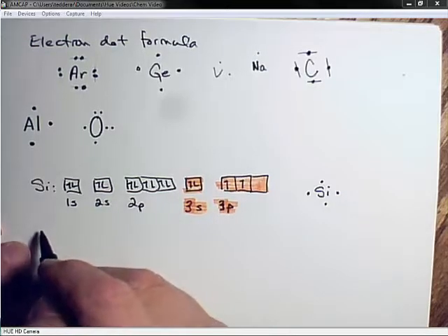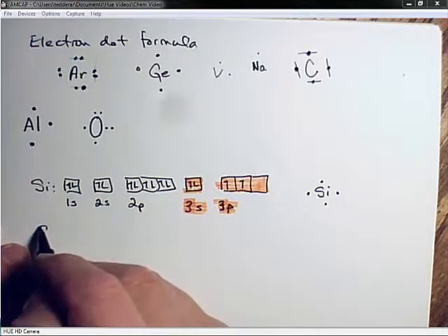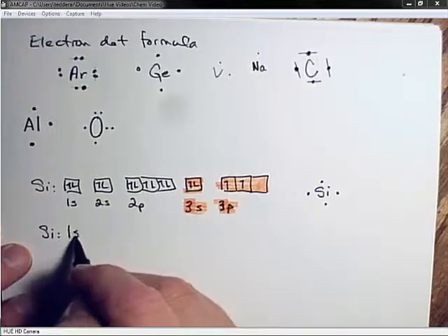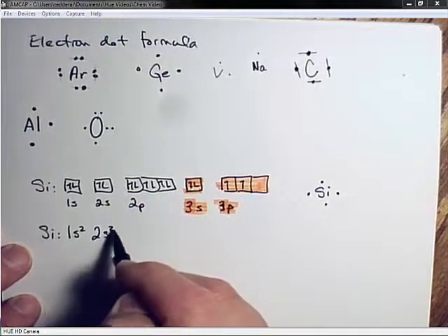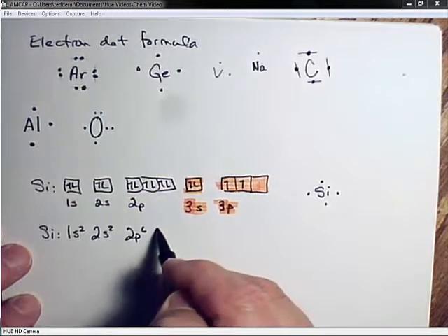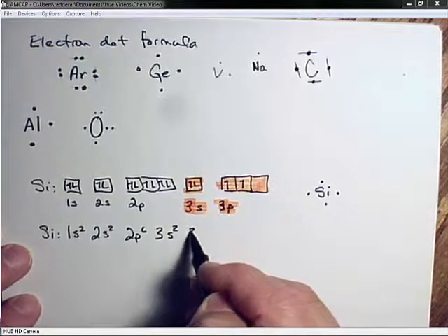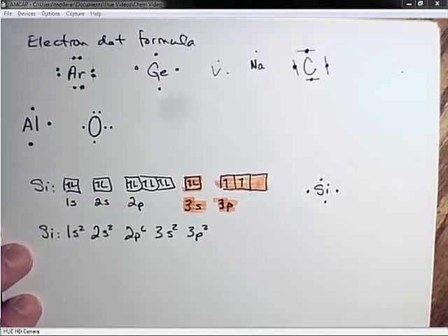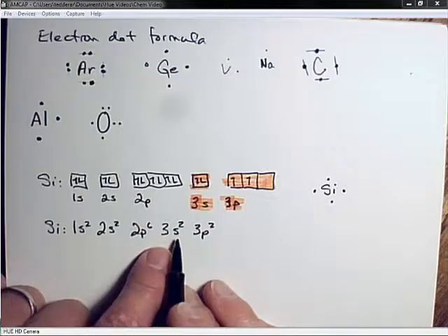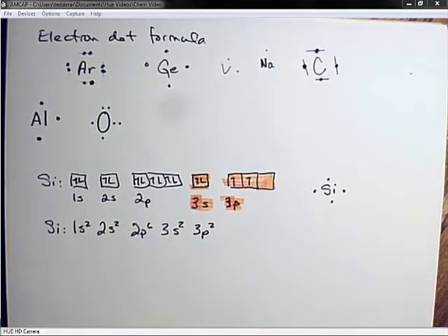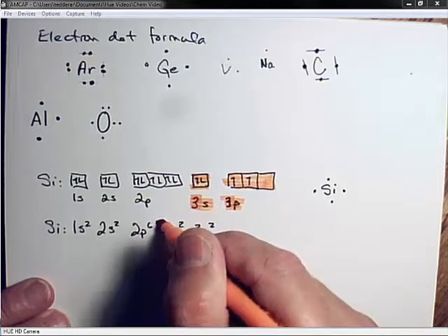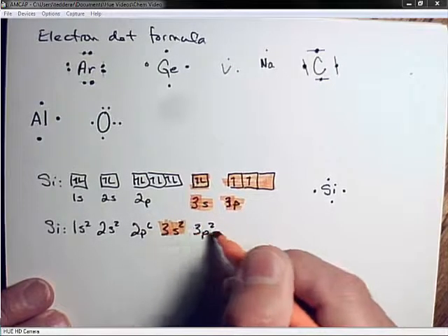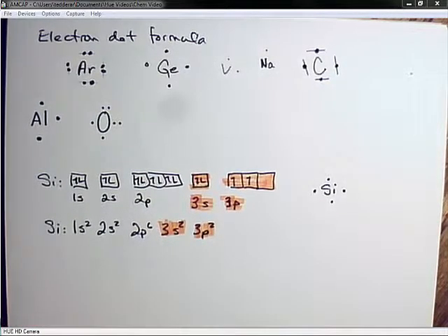Okay? Now let's do the electron configuration then. Silicon 1s2, 2s2, 2p6, 3s2, 3p2. Okay? I've got 2 electrons here in 3s because 3 is the highest energy level. I want all of these electrons and all of these electrons.